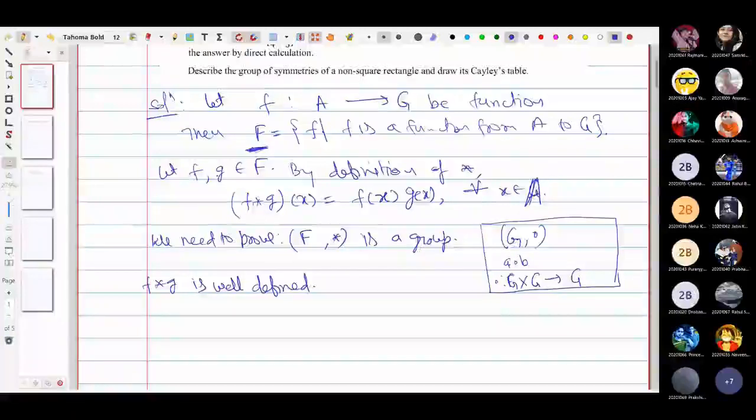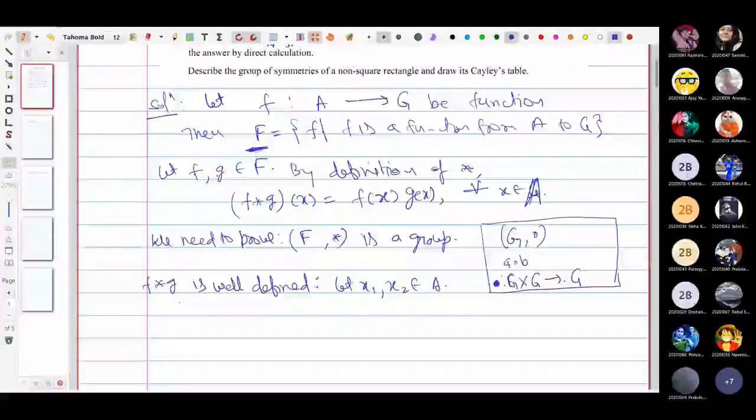When we say that f star g is well defined, it means, comparing with the definition of composition from G cross G to G, that it is actually a function. So we need to show that f star g is actually a function. Well defined means: let x1 and x2 belong to A.